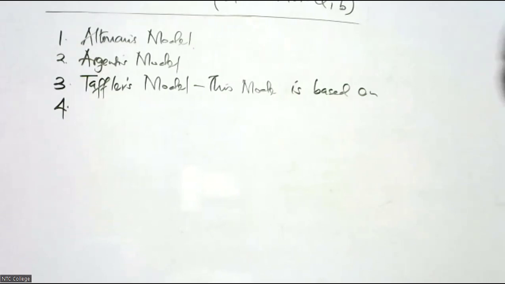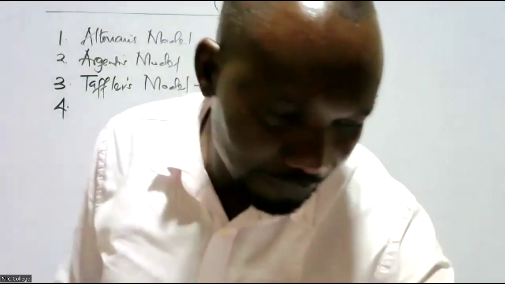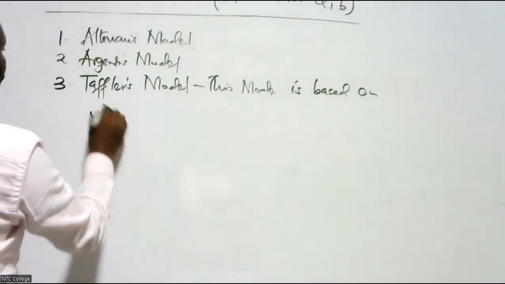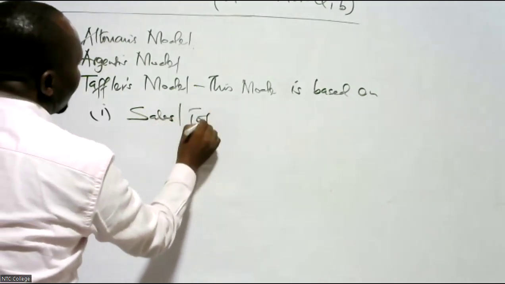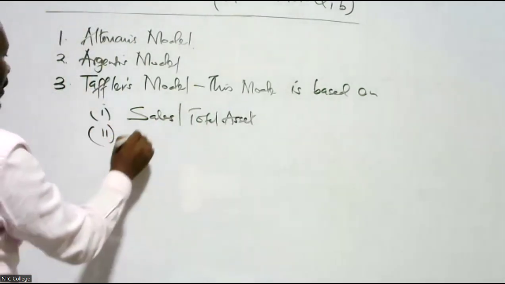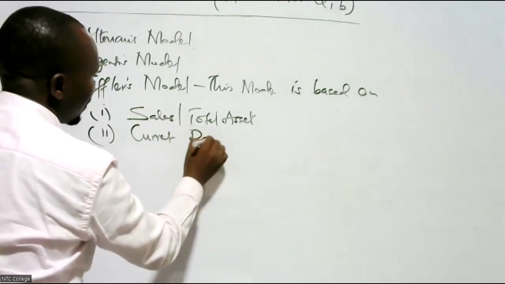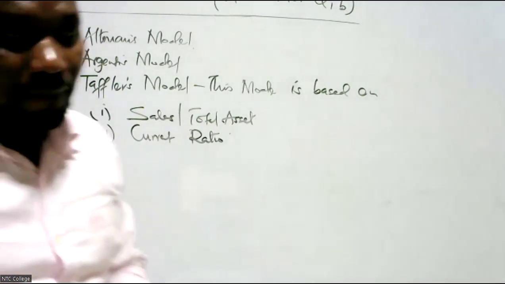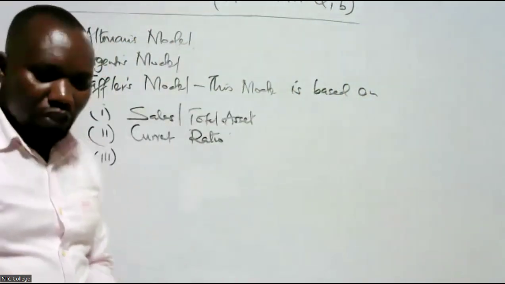So the first ratio is sales all over total assets. The next one is current ratio. The third one is the reciprocal of the current ratio.